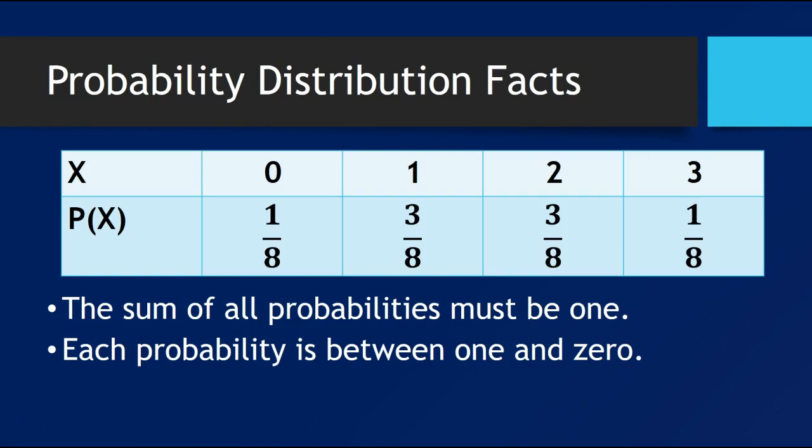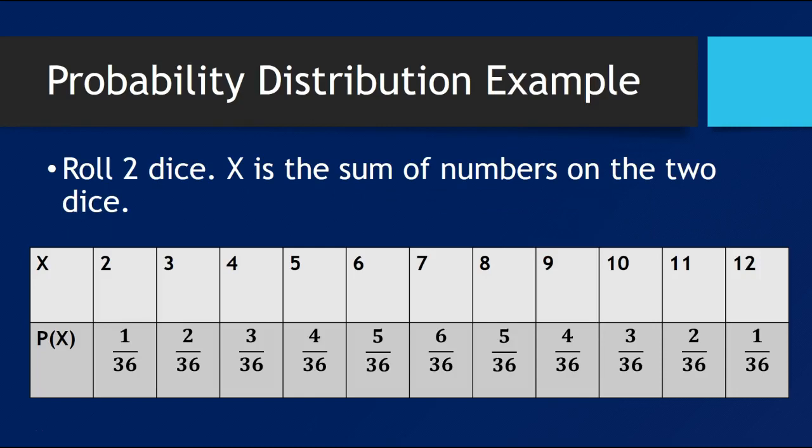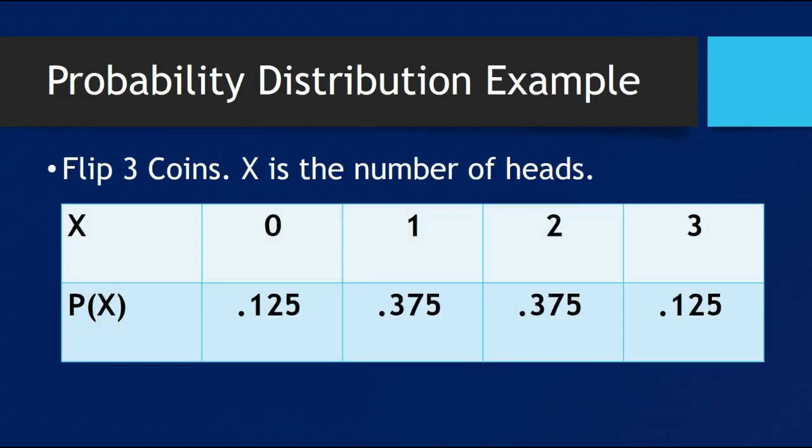By the way, if you go back and check that out in the previous examples, let's take a step back here. When you roll 2 dice, if you add up all of those probabilities, they do add to 1. They add to 36/36. Here, this is exactly the same probability distribution we dealt with, but it's in decimal form instead of fraction form.